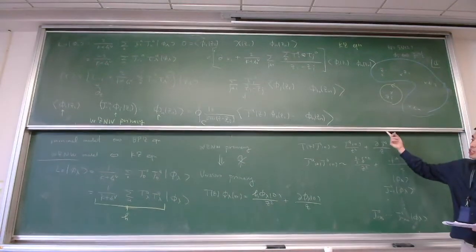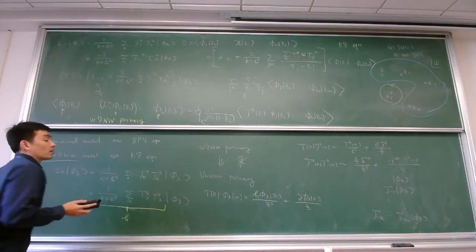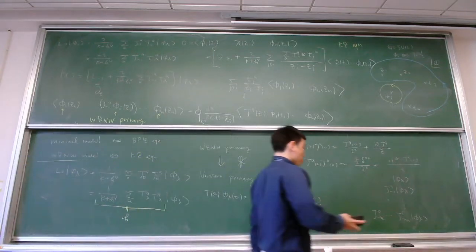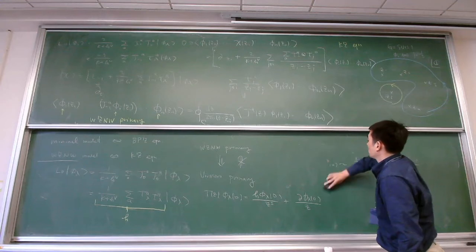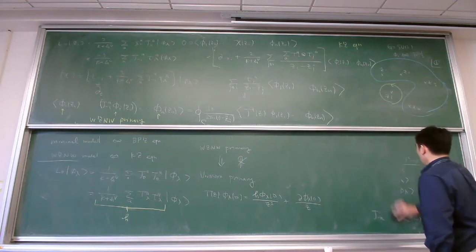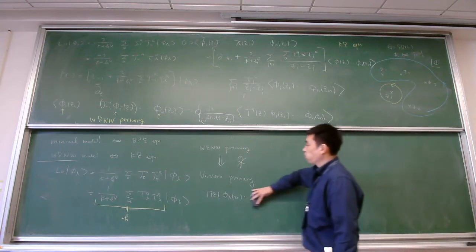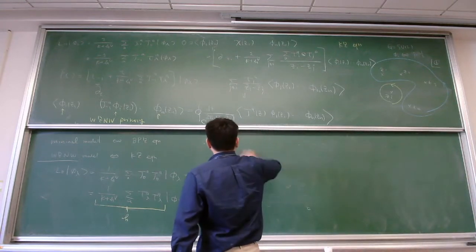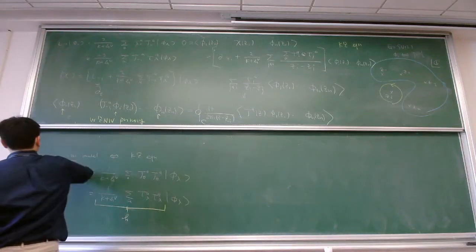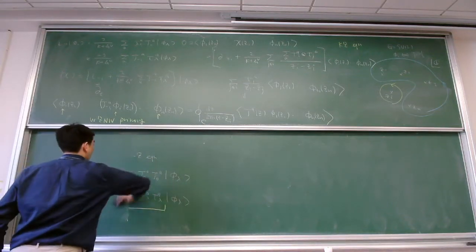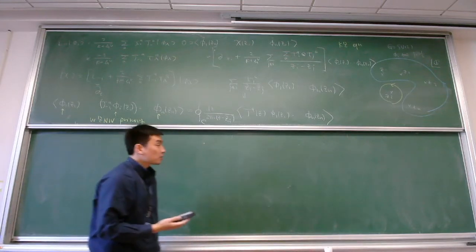This KZ equation plays a very important role in many places. Any questions so far? So this is the end of the Wess-Zumino-Witten model.